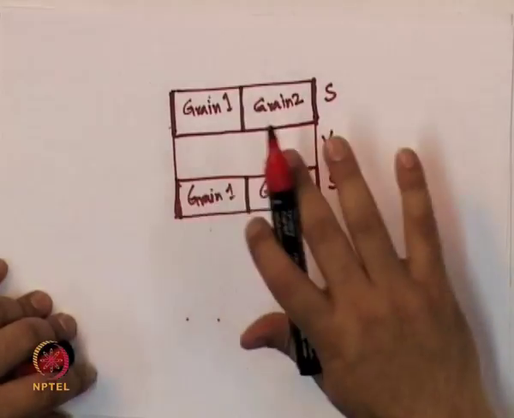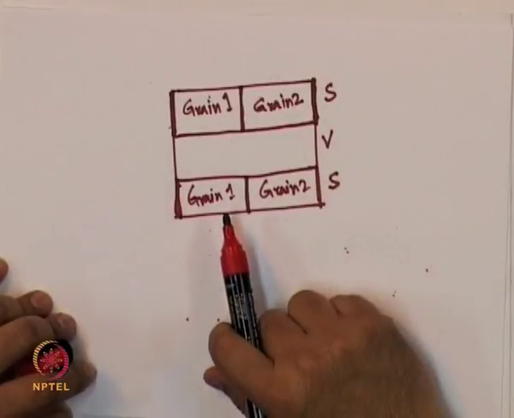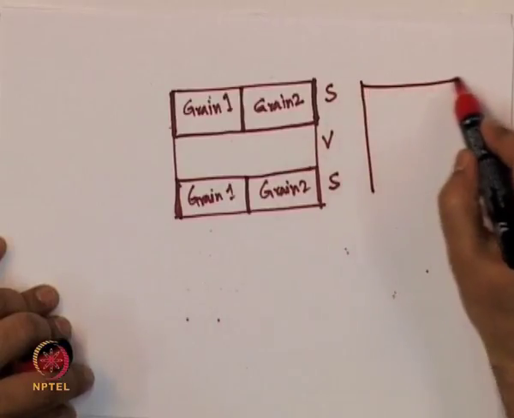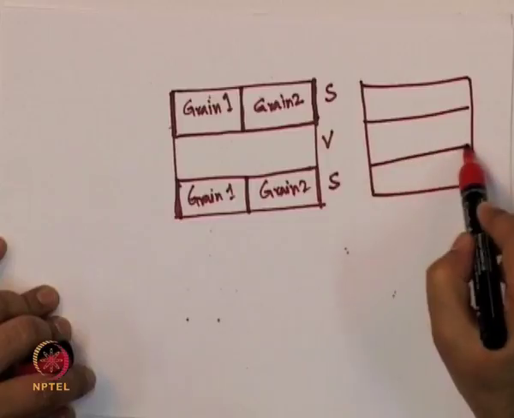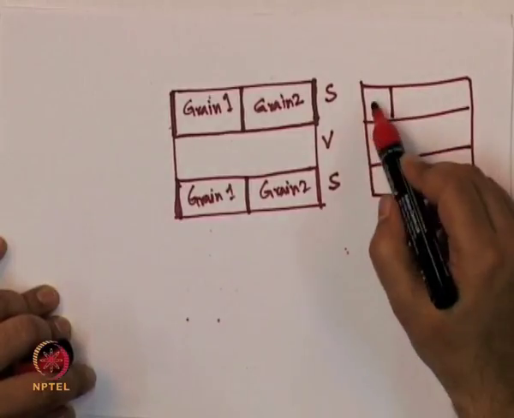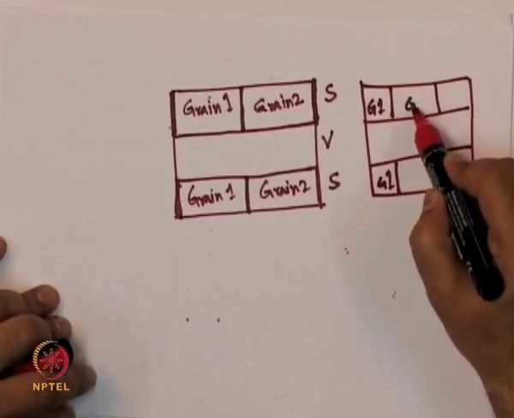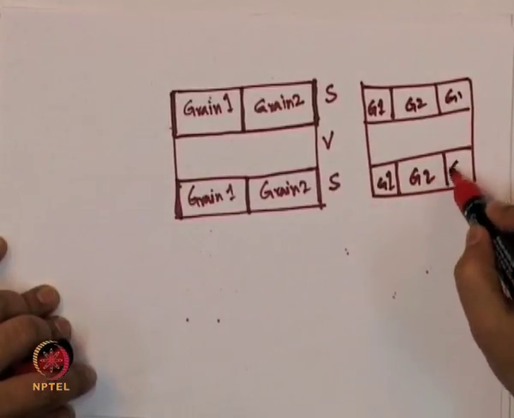Okay. This is the case for which we are going to write the code and solve the problem. Of course, as a tutorial, for example, you can take the other geometry and try to solve the problem. So, in terms of solid, vapor, solid, it has the same structure, and then we say that this is grain 1 and then this is grain 2 and this is grain 1 again.